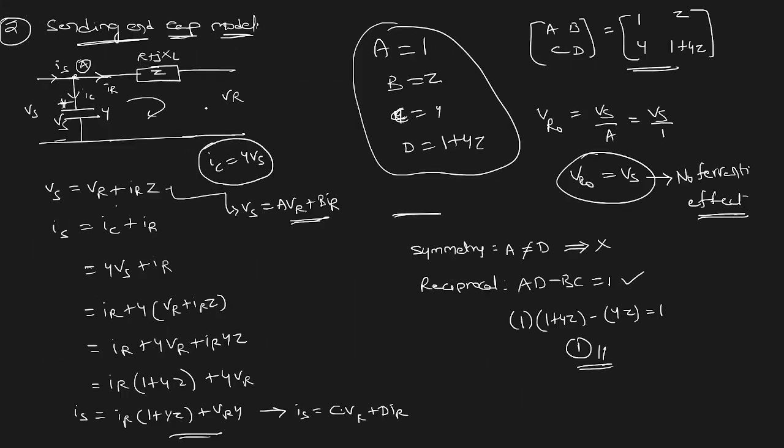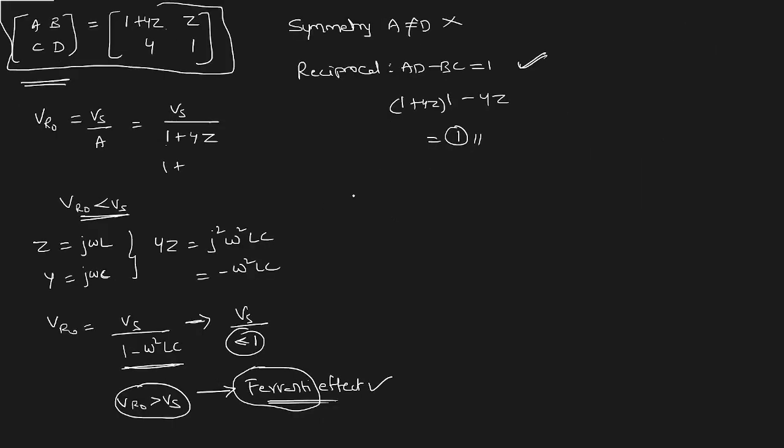Here also, if you cut it exactly at half, we can see a capacitor at the sending end. So we can say that either the sending end or receiving end capacitor model is not symmetric, but they are reciprocal.